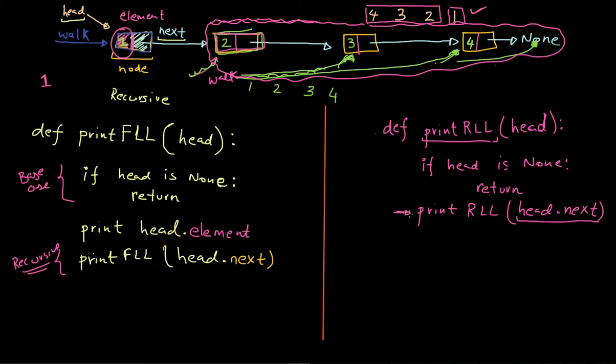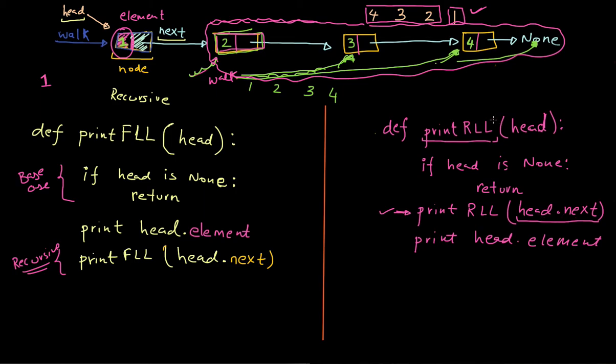You're going to have head still pointing at the first node there. So now I'm just going to print on the console whatever head.element is. And this is it.